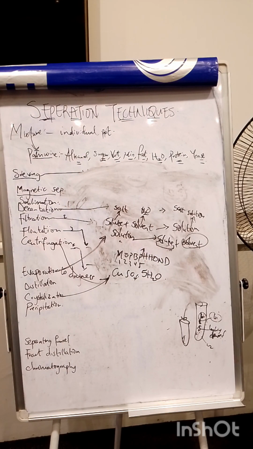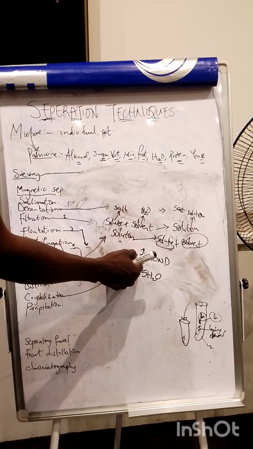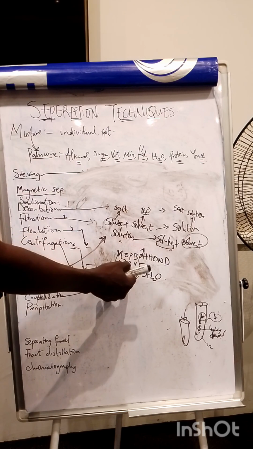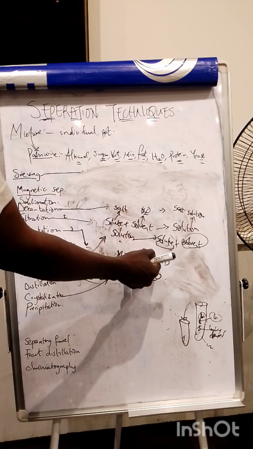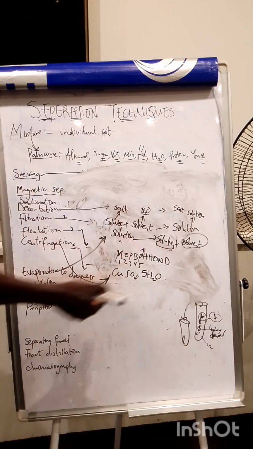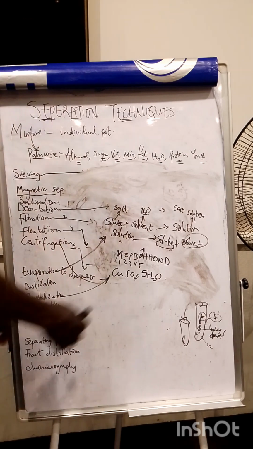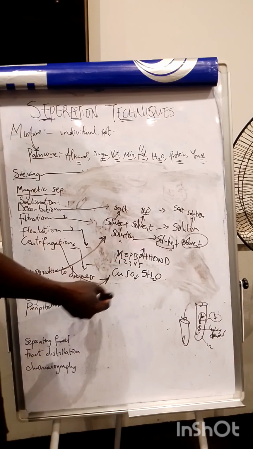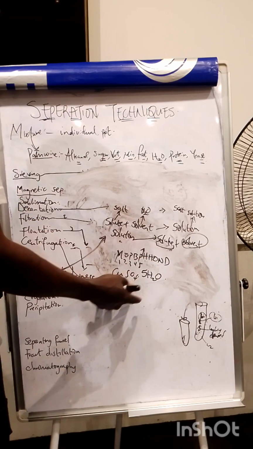I quickly flash back to the mnemonic I use in organic chemistry, and as you can see, my P here is penta. So I know that CuSO4.5H2O is copper sulfate pentahydrate.